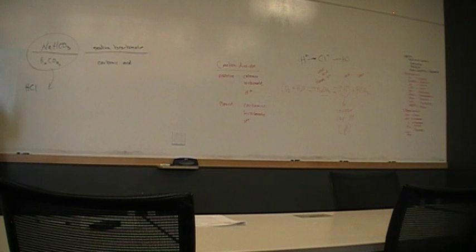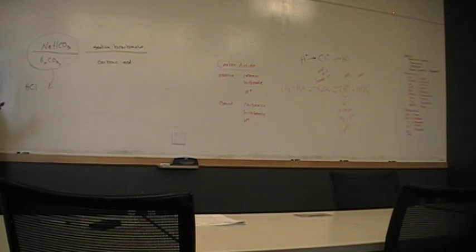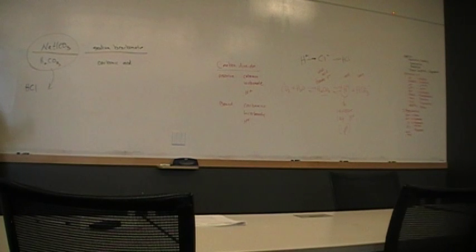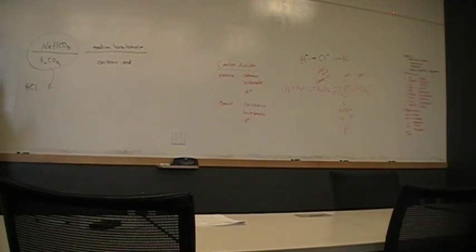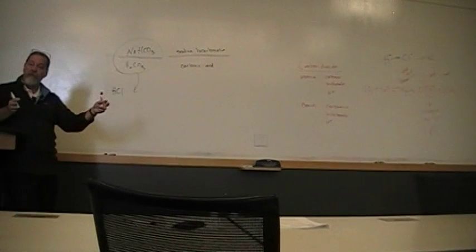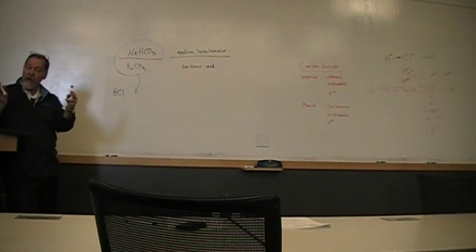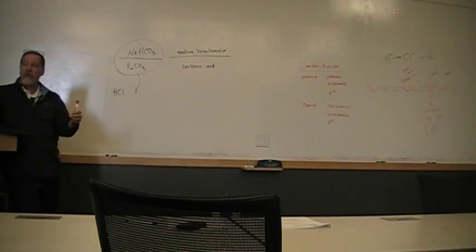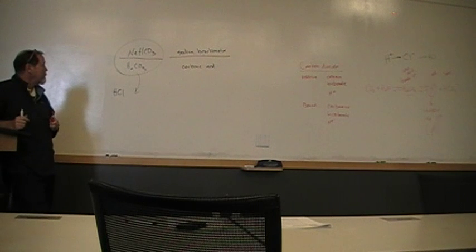It's a fairly narrow range, but the way the pH is described, like we've said, is the inverse log of the hydrogen ion concentration. So hydrogen ions is what we're measuring with pH. We keep that pH in a fairly small range, 7.35 to 7.45.